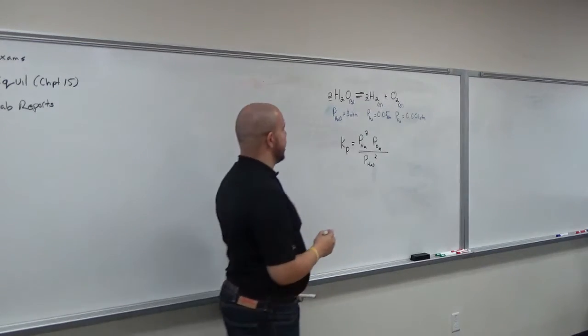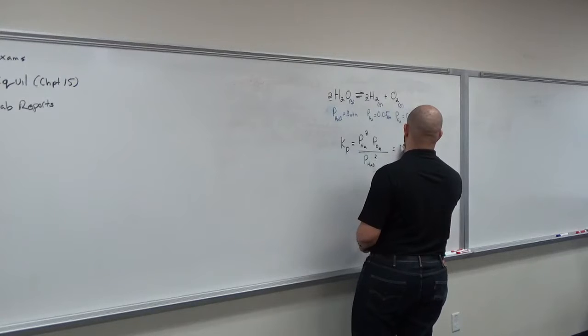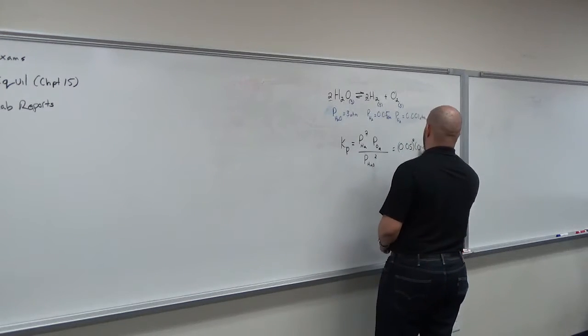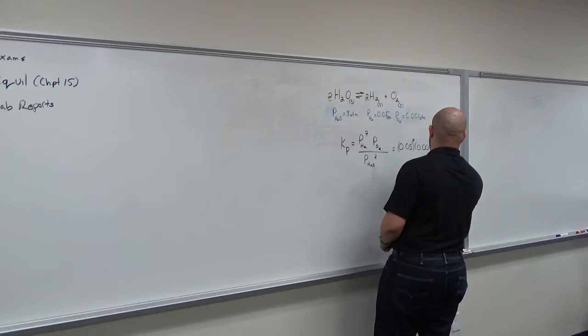If we then plug in these values, we end up with 0.05 squared times 0.001 all over 3 squared.